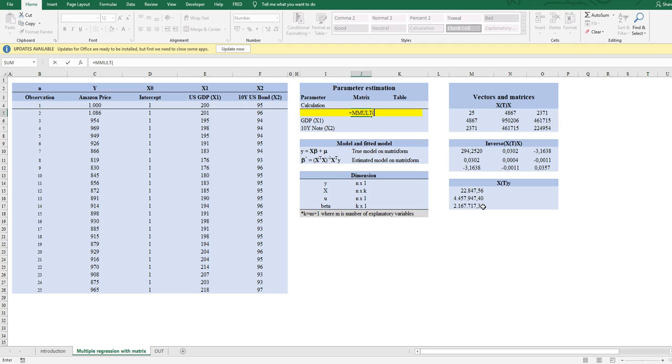So let's just try MMULT. Start by this one. Oh, sorry. No reason to do the inverse when we have done it already. So I'll just multiply 3 times 3 with 3 times 1. That's the 3 times 1 vector.